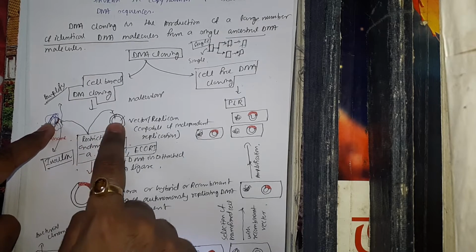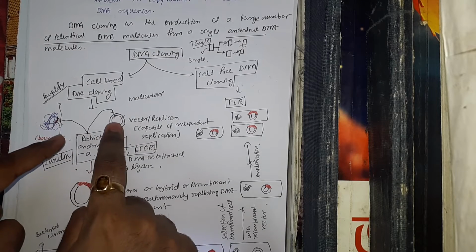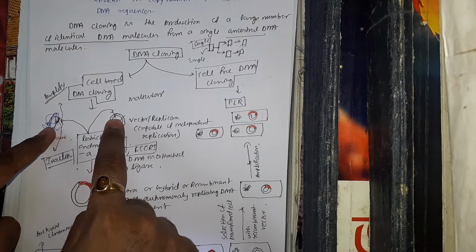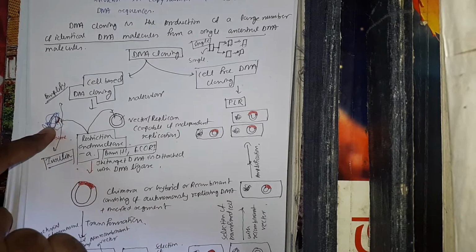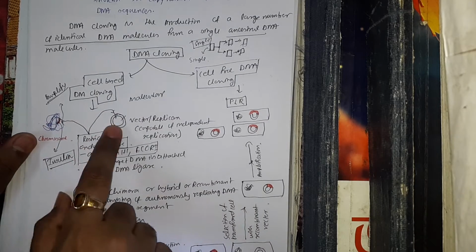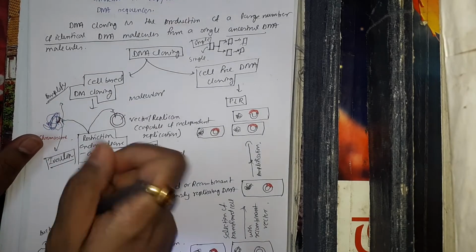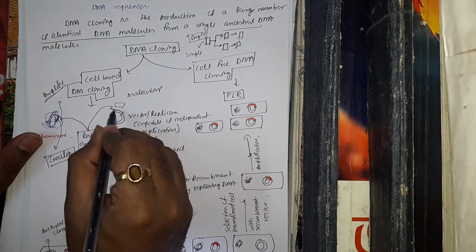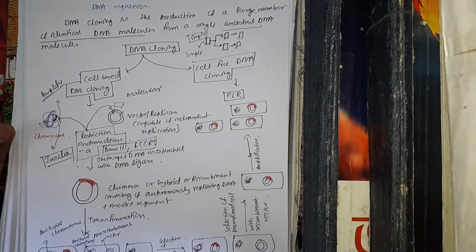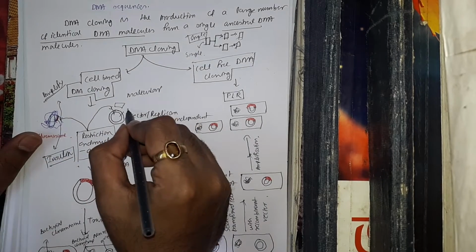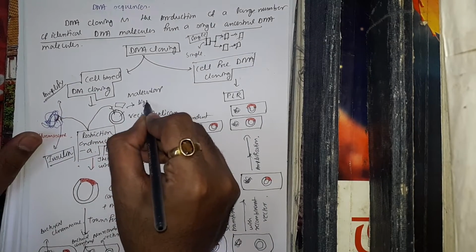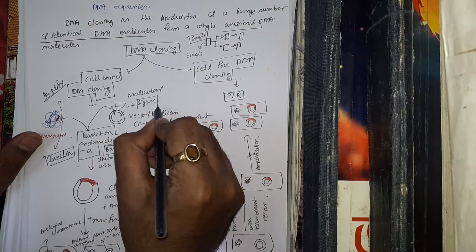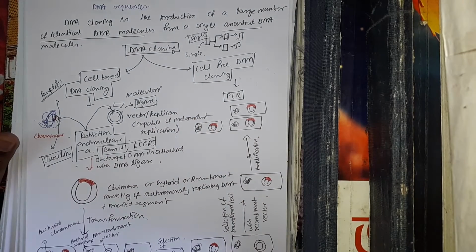So restriction endonuclease will cut a specific sequence of the vector and a specific sequence of our chromosome, and then we have our cut out portion. Now we need to fix this into the vector. We will do this with the help of an enzyme called ligase. Ligase is referred to as molecular glue.